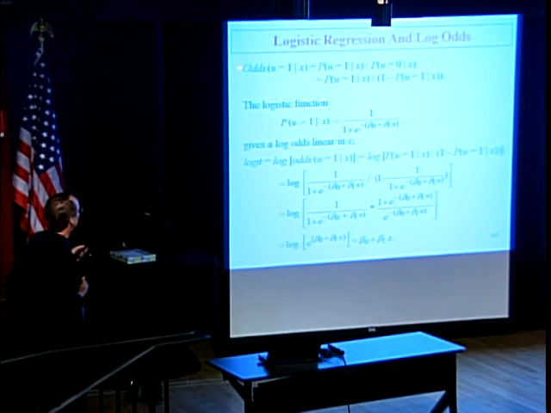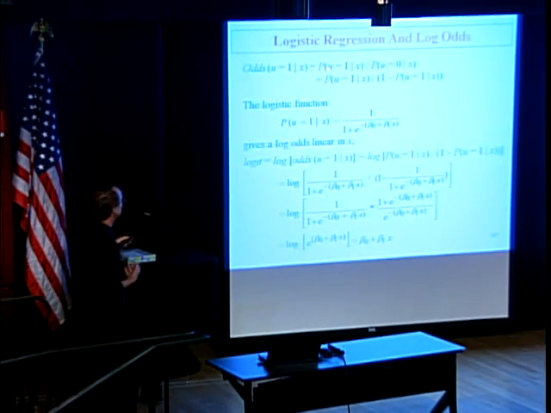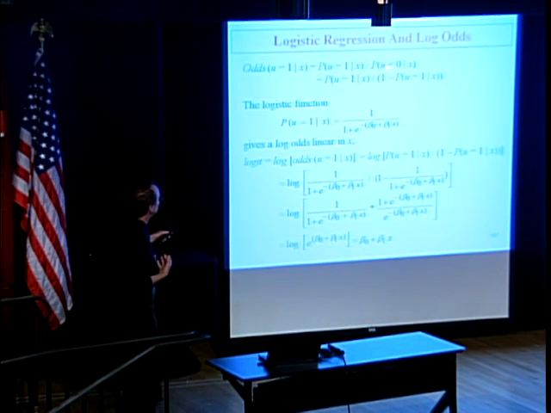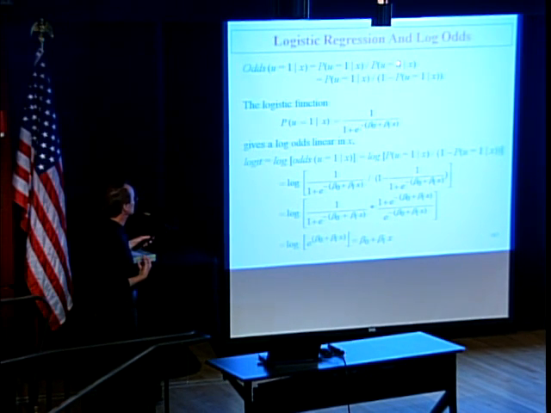So you define an odds, for example the odds that you're going to develop lung cancer, as a function of x: the probability of developing lung cancer divided by the probability of not developing lung cancer. Not developing it being 1 minus the probability of developing it.